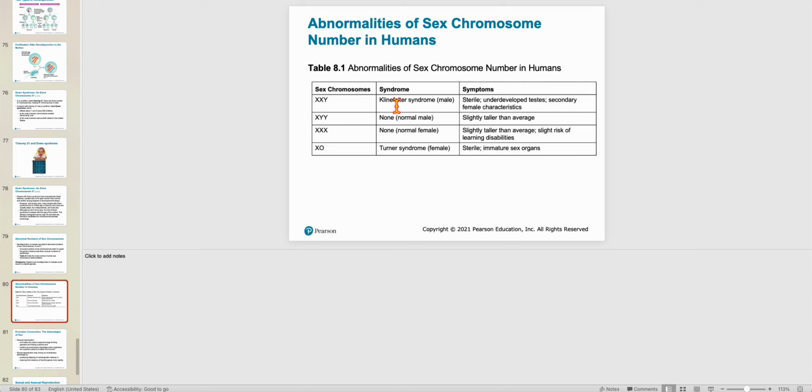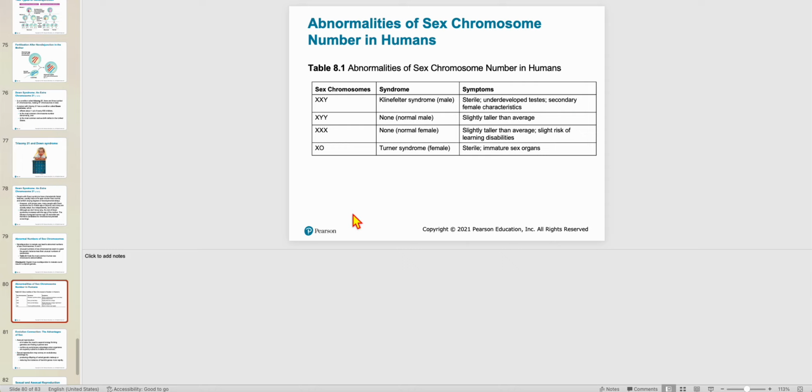Now I would do a suggestion here. I would look Klinefelter's up on Google and see what the images provide you with. That way you can see what a Klinefelter syndrome person looks like. Go under the Google Images tab, and then you'll see what they look like. They are male, but they have more female characteristics.